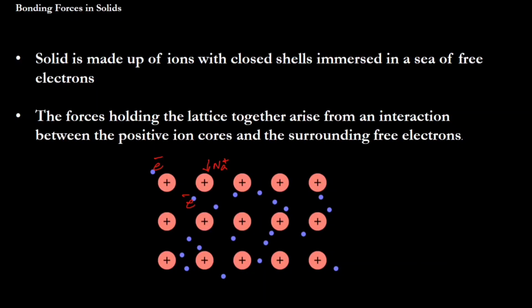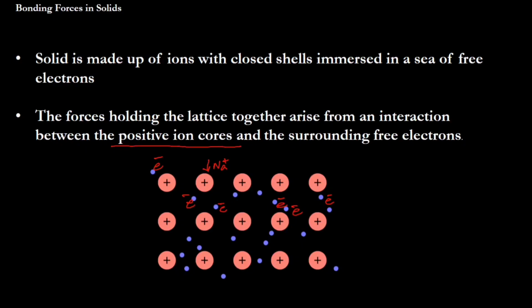A solid is made up of ions with a closed shell immersed in a sea of free electrons. There may be n number of electrons in this solid because every sodium gives one electron. Sodium frees one electron and becomes an ion, and it stays together.